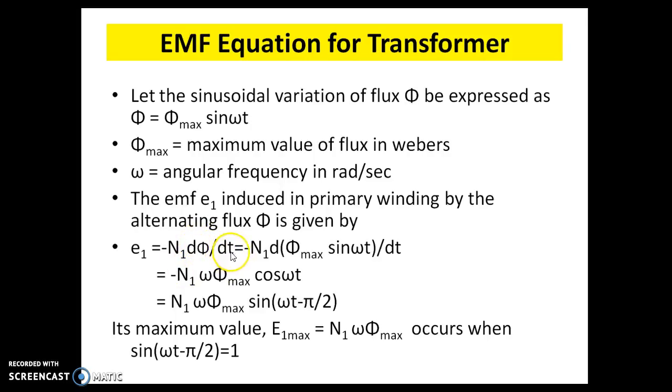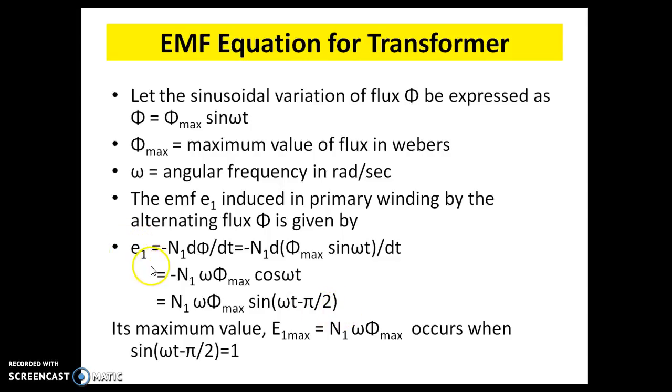So if we put the value here, minus N1 d(phi max sine omega t) by dt, then phi max is a constant, so you will get minus N1 omega phi max. The derivative of sine omega t is cos omega t. If you represent it in another way, you will get N1 omega phi max sine(omega t minus pi by 2), which indicates that this induced EMF lags the flux phi by an angle of 90 degrees.